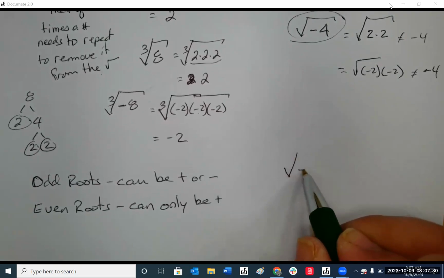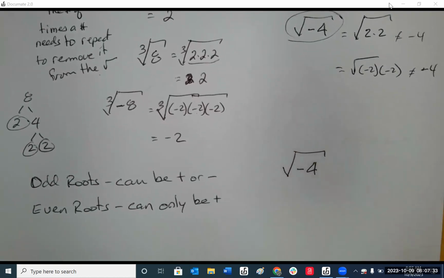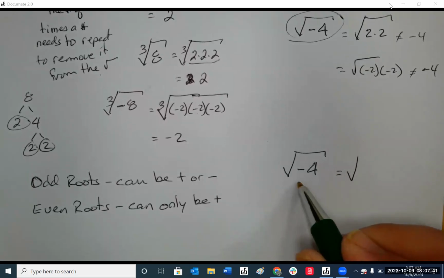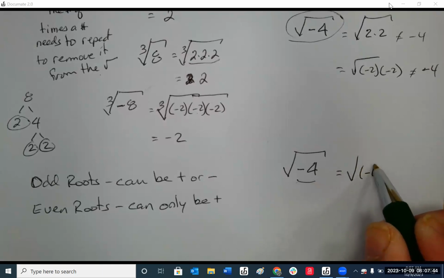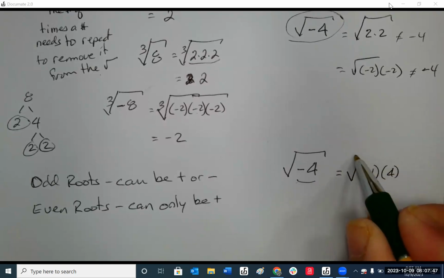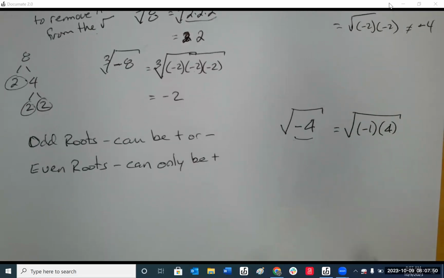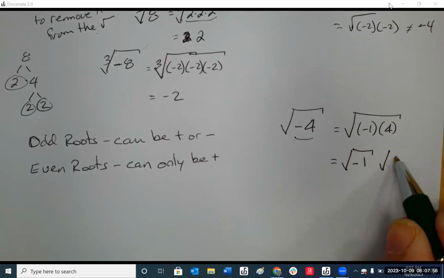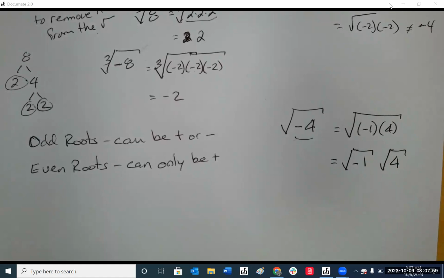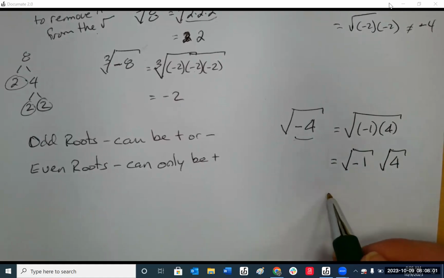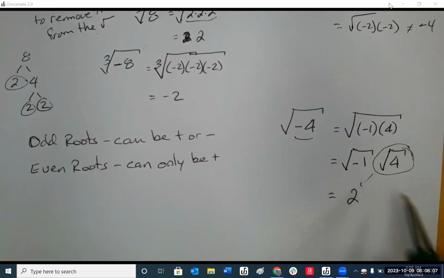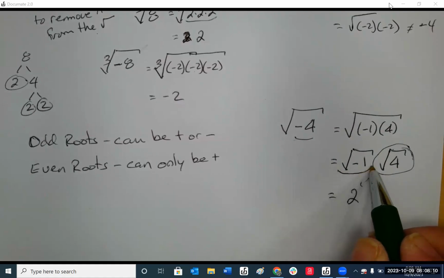So what do we do with a -4? Square root of -4. Well, first off, remove the negative, because this number is actually made up of a -1 times 4. And we can split those up. We know the square root of 4 is 2. But what does this equal?